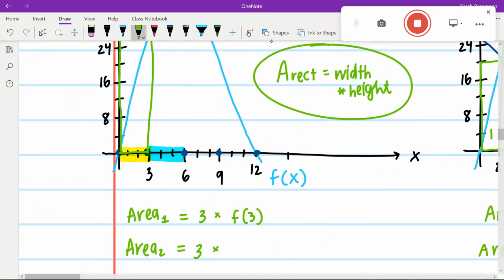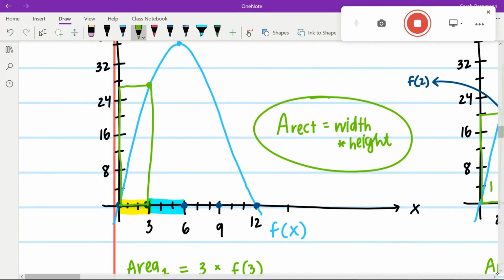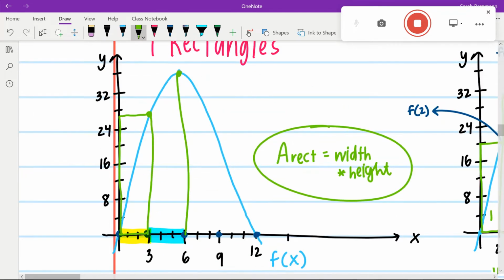So we know to find the area of the second rectangle, we're going to use whatever this point is that we get at 6. And we're going to draw our rectangle in. There's our second rectangle. So we have the first rectangle, the second rectangle. The height of this rectangle is going to be equal to f of 6.